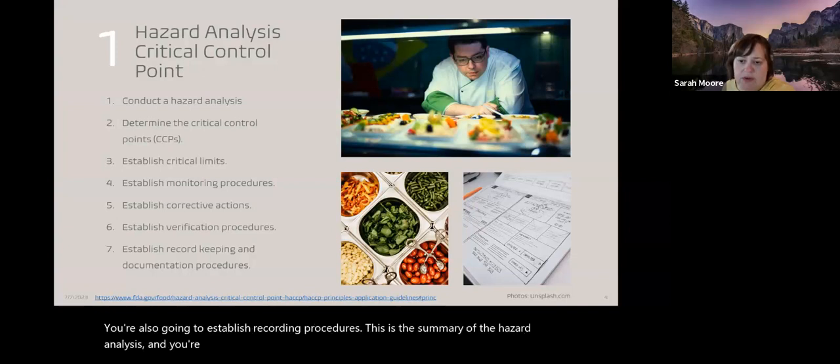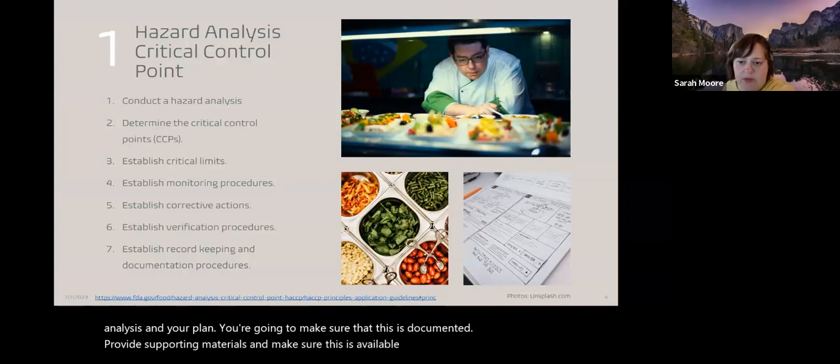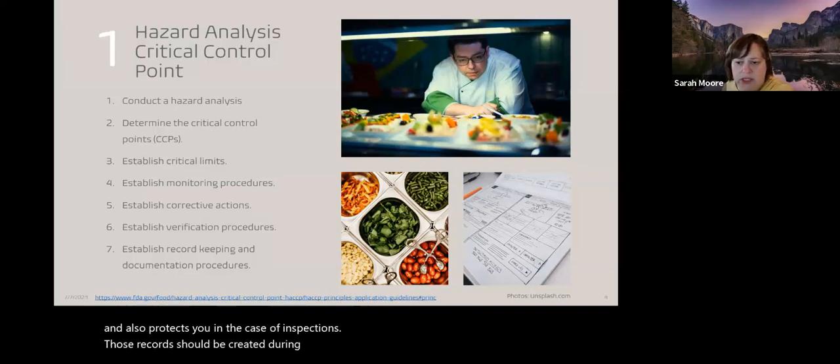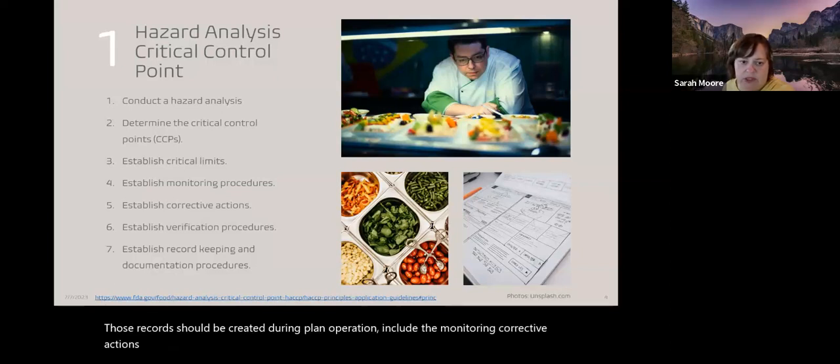You're going to make sure that this is documented, provide supporting materials, and make sure this is available to future staff, onboarding staff, and also protects you in the case of inspections. Those records should be created during plan operation and include the monitoring, corrective actions, and any of your verification records. So temperature checks, temperature logs, anything like that.